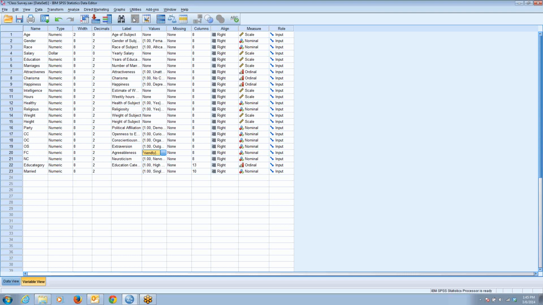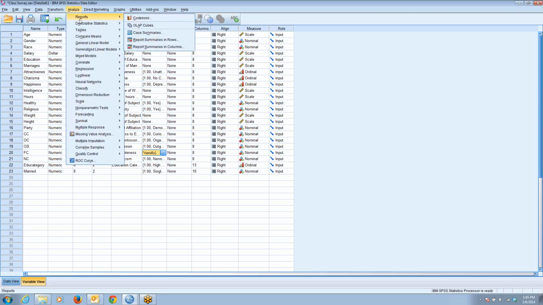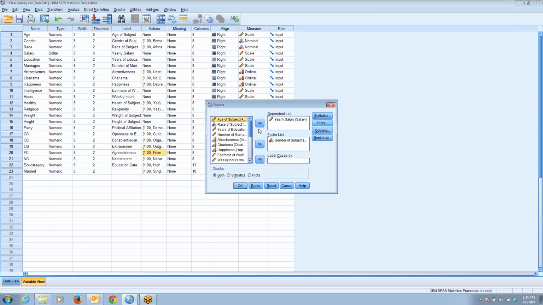So that's this one right here, where you go to descriptives and you go to explore, and here I'll show you that one. We'll do, not religiosity, but, no, we don't have actual religion.